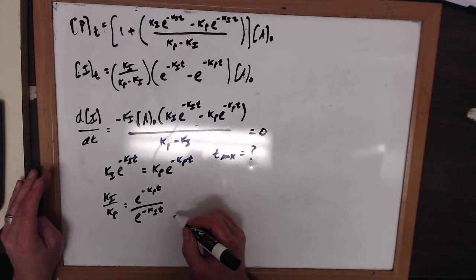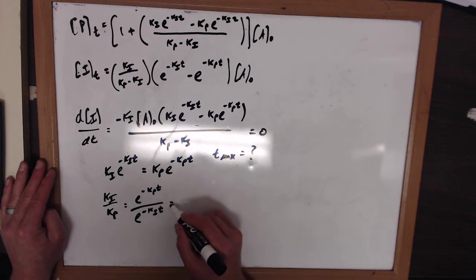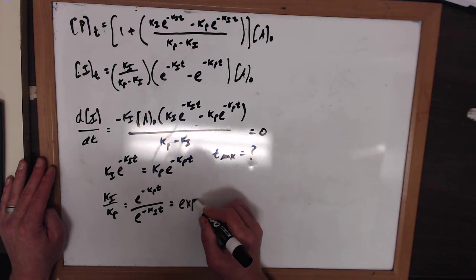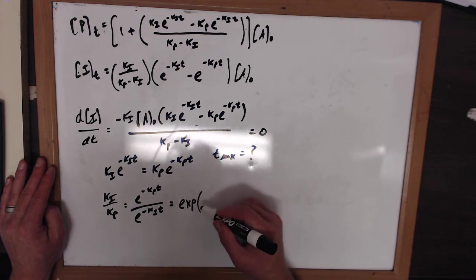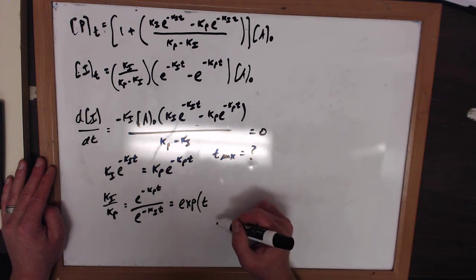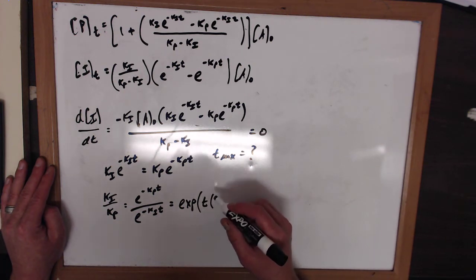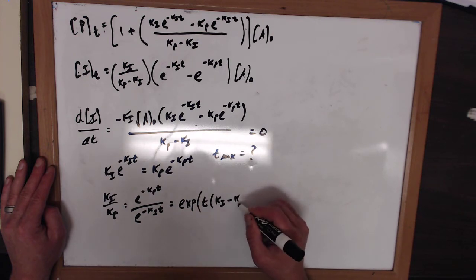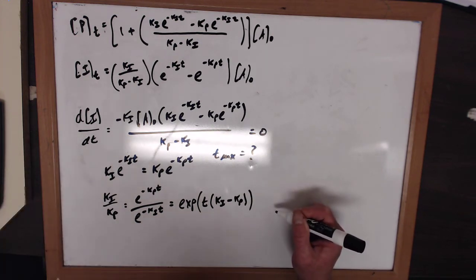And if we do some algebra on this, we find that it all equals, I'm going to write the exponential notation to make this a little bit easier to write, e raised to the power t factored out times a quantity Ki minus Kp.